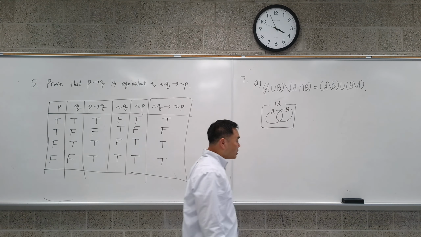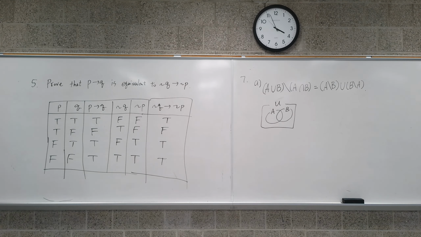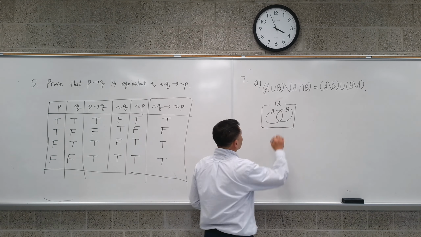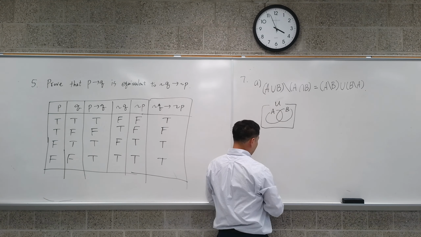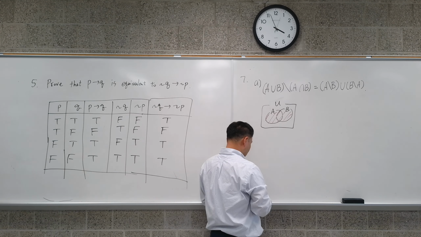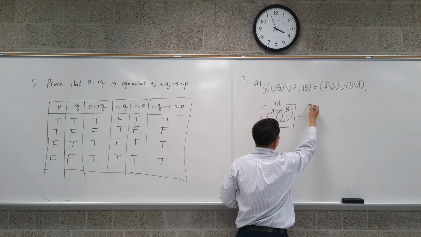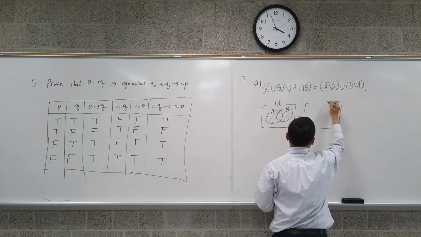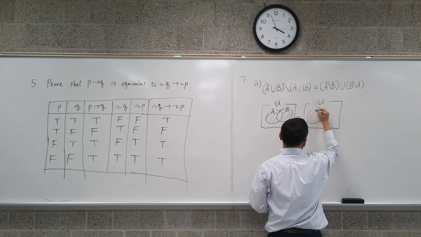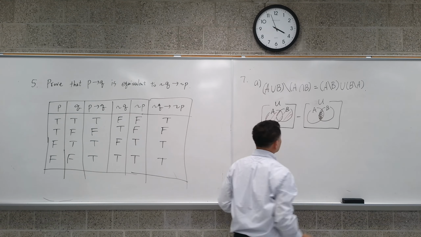This is the most generic Venn diagram if you have two sets, right? And what is this? A union B. That's this much, right? And then what does this mean? You're subtracting off the intersection.